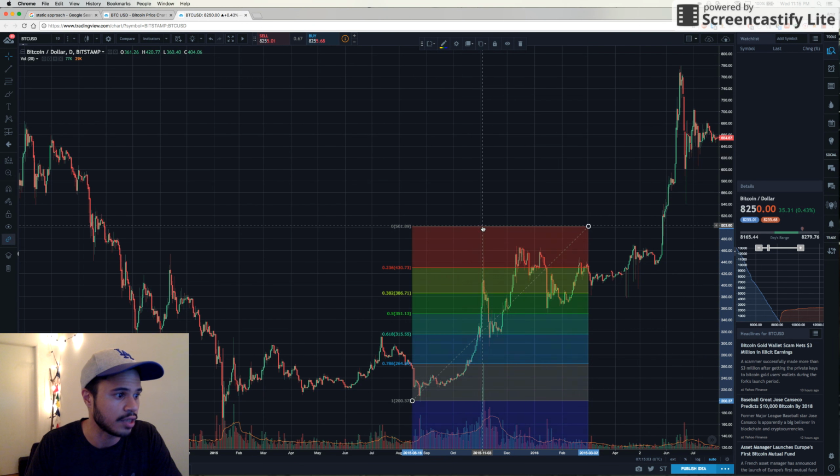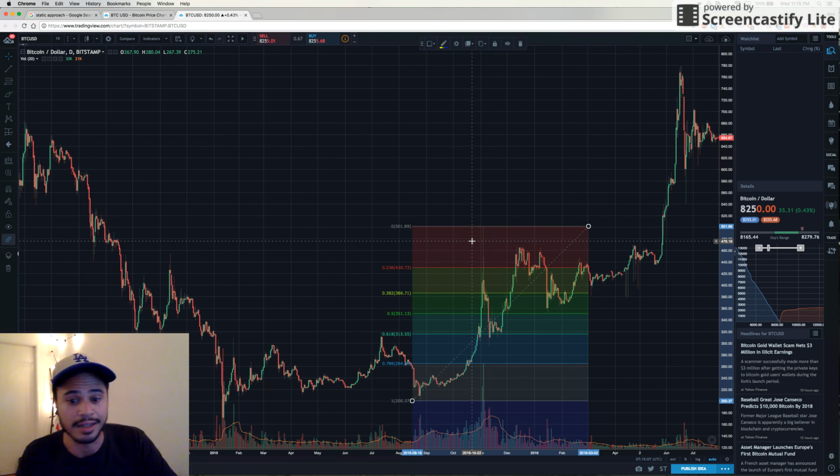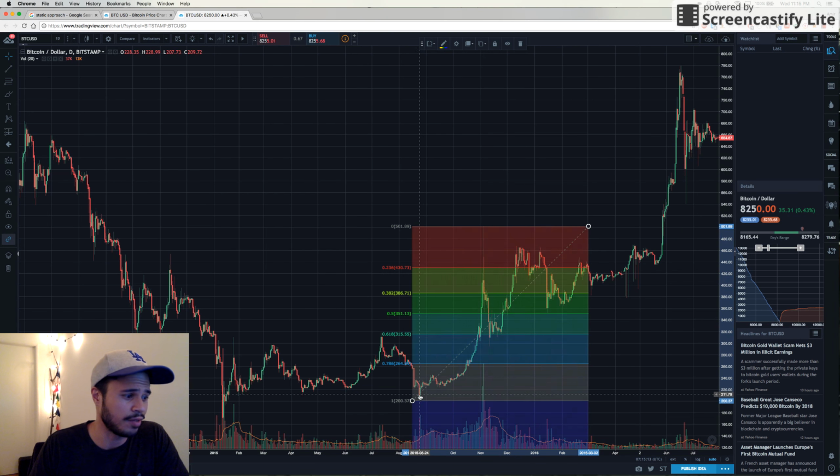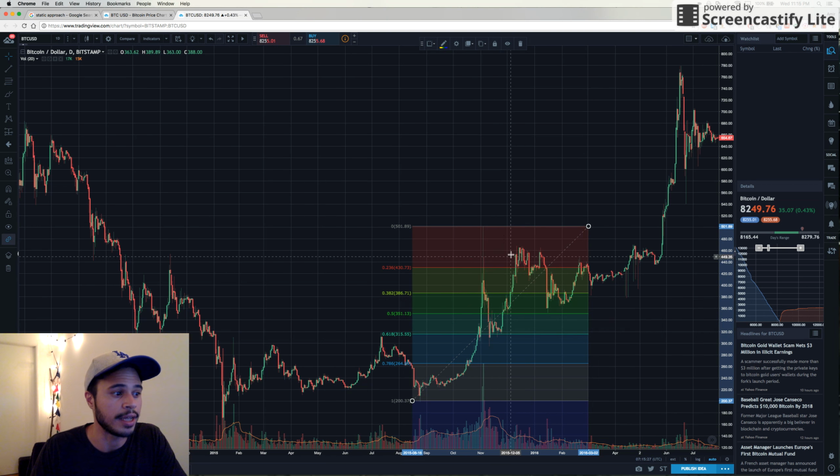So make sure you get those wicks, no matter how long they might be, because that is where price has moved and probably price will react to. So here's another perfect example, 2 for 2. Perfect example of a price that had come down, kind of broke through 38.2, but really respected the 61.8 level right here, consolidated here before making a move further back up.